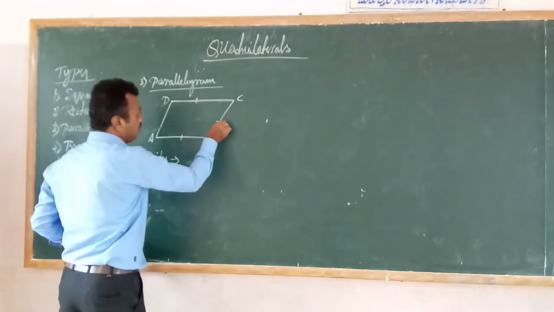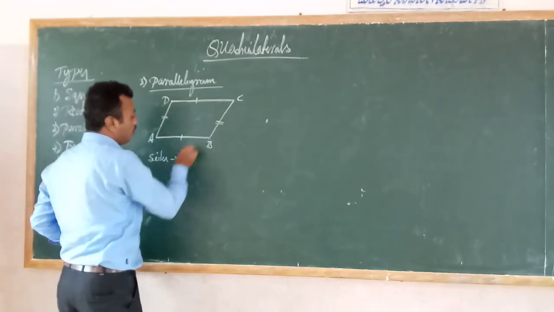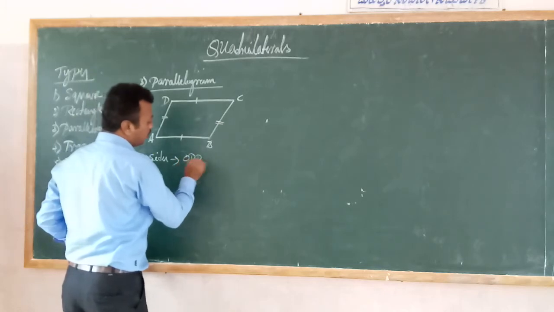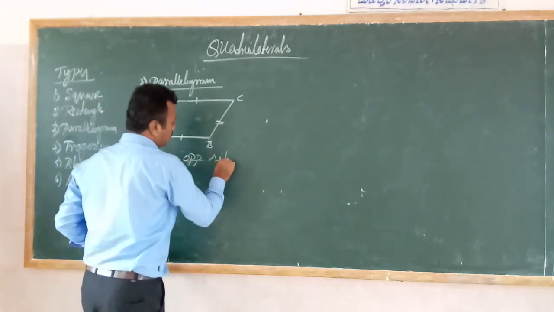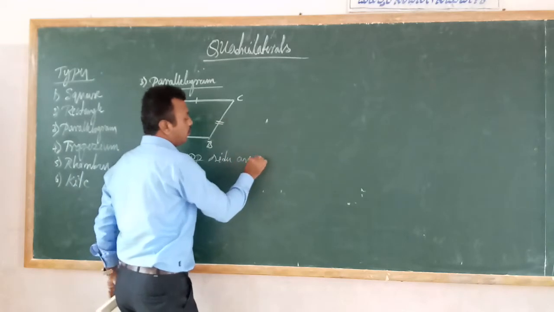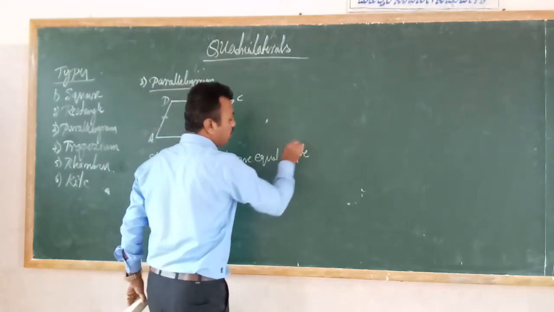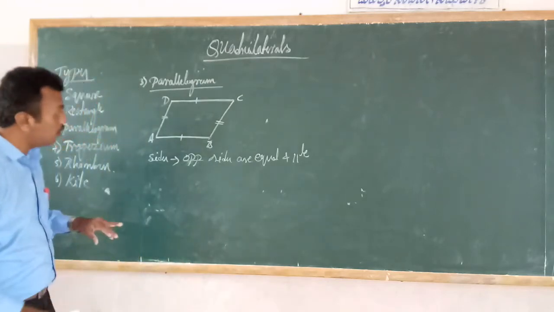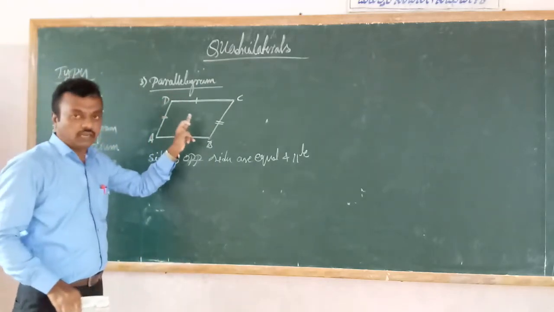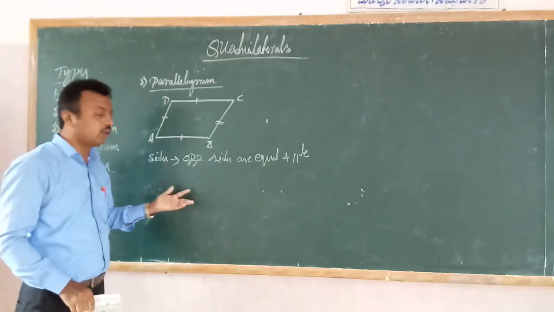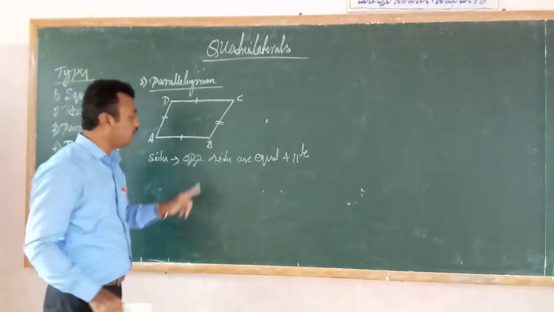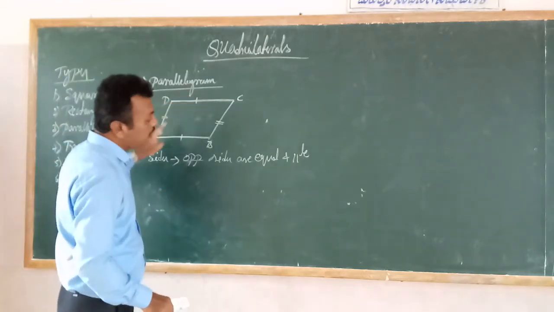Another pair is AD and BC. So opposite sides are equal and also parallel. Like a rectangle. In a rectangle also opposite sides are parallel and equal. Here also opposite sides are equal and parallel.